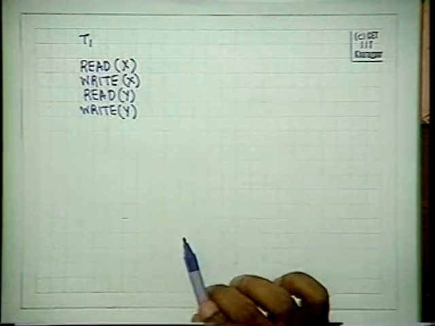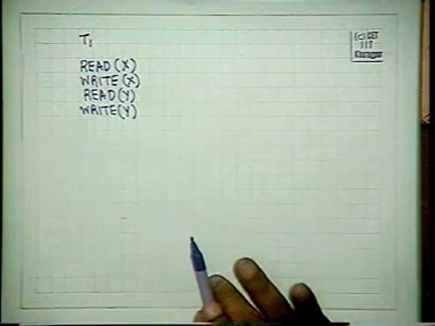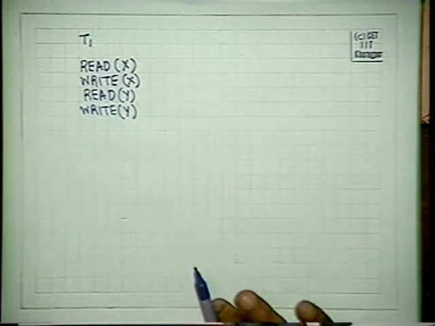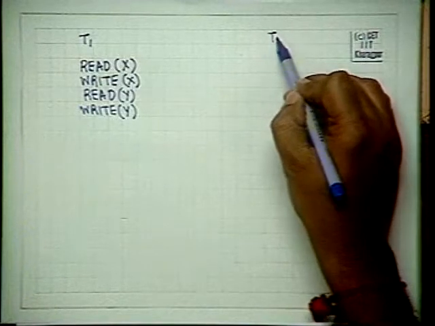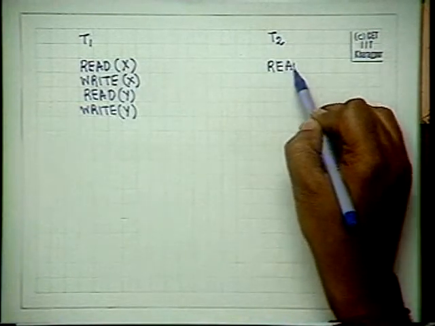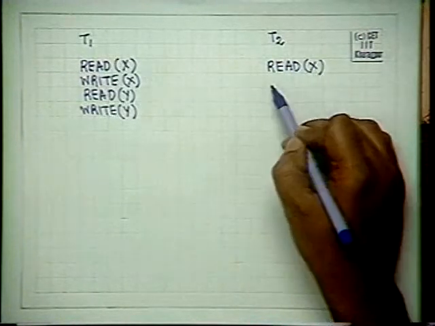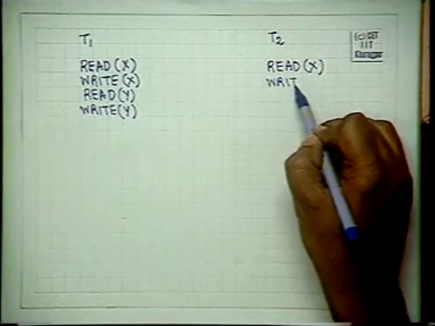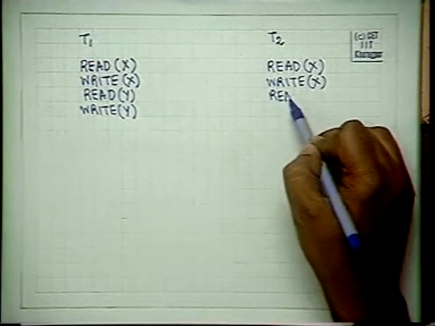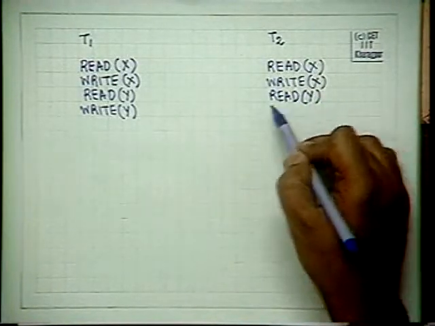We are not dealing with shared memory at this point of time. We are only dealing with shared disk problems. And this will be read X, write X, read Y, write Y.